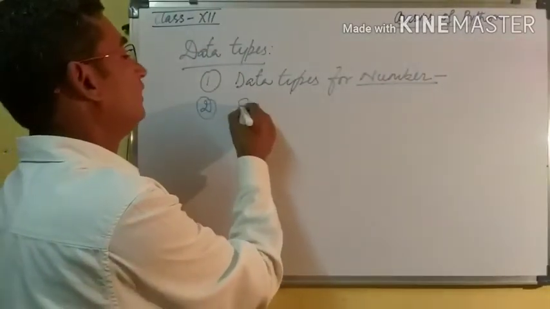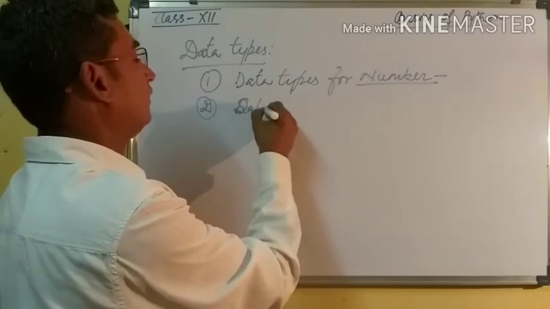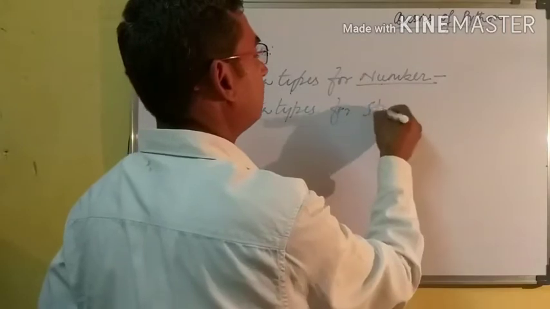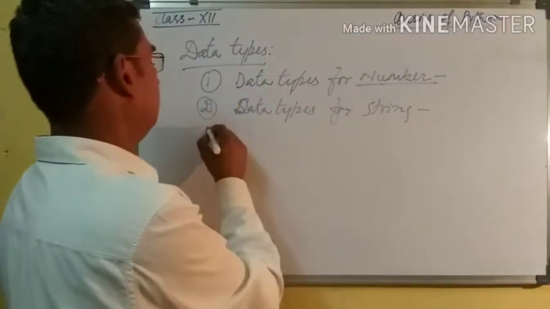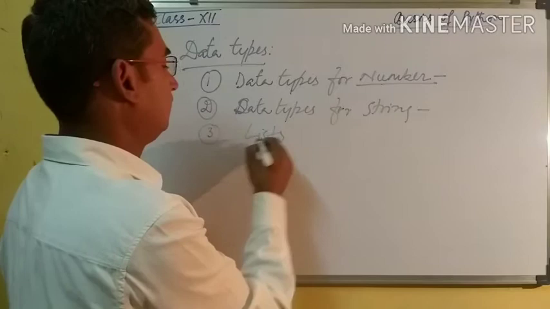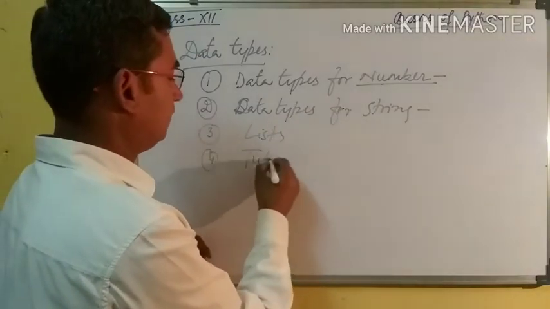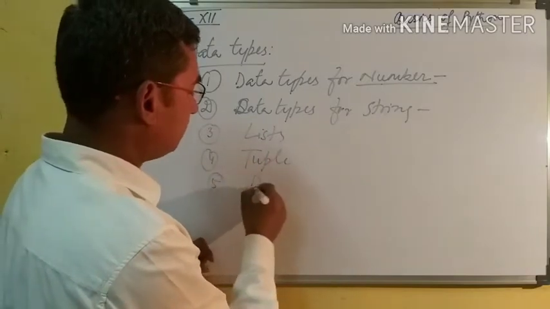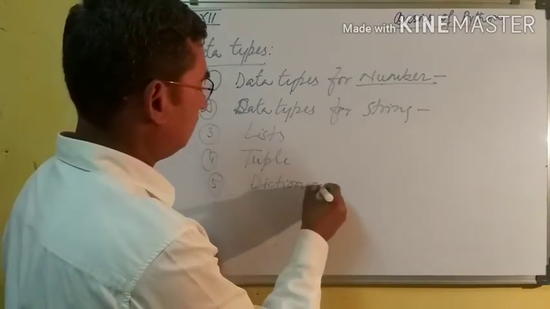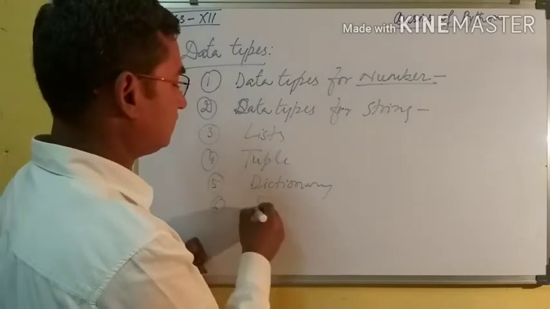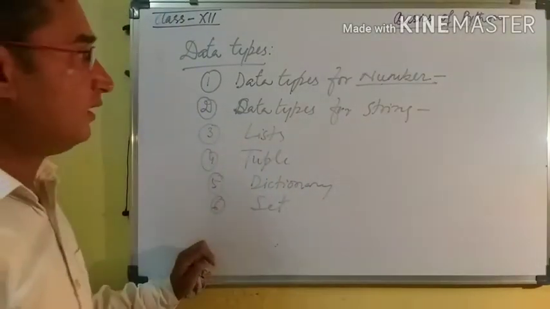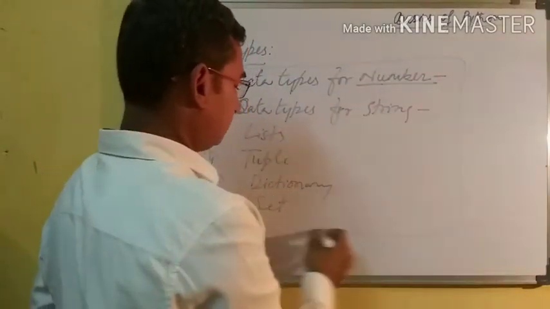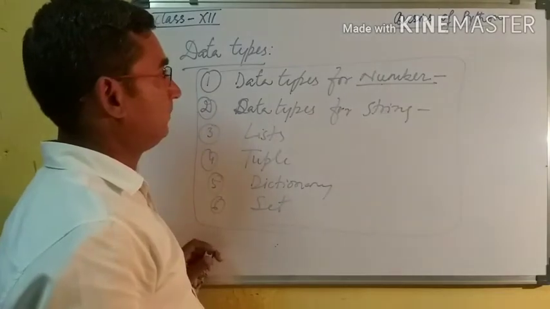Second is data types for string. Third one is list. Fourth is tuple. Fifth is dictionary. Sixth is sets. There are different types of data in Python. These are the core data types, built-in data types in Python.